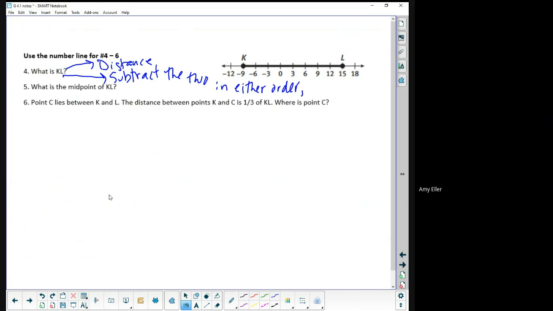Then take the absolute value. So I'm going to show my work for this down here. I'm going to subtract the 2. K minus L.